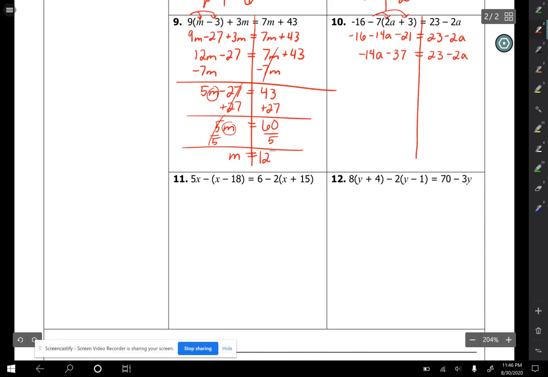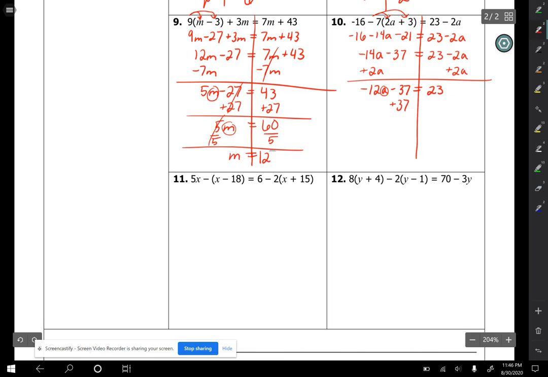Okay. Now I'm to the point where I want to combine my variables. I want to move this negative 2a over here to the left side. So I'm going to add 2a to both sides to make negative 12a minus 37 equals 23. Now I can solve for the a.